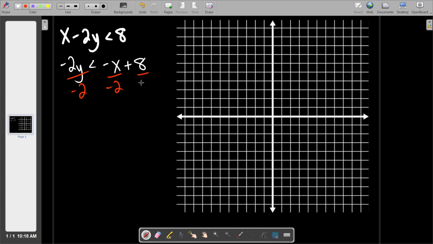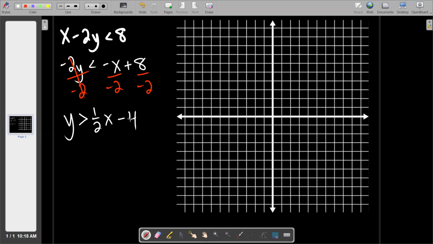We got the part that has the y by itself, but that's only job one. Final job is to detach whatever number is multiplying. We've done this probably 500 times this year. And we're left with our answer, which is y is greater than. Got to switch that sign. Good. What's our slope? Good job. And what's our y-intercept? -4. I like all this. So this one is ready to graph.